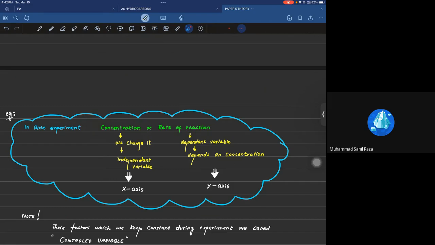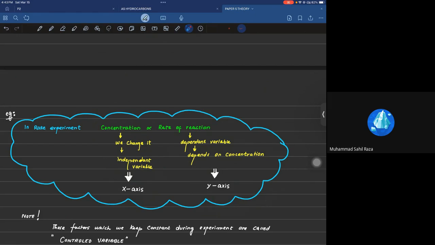And always remember, the independent variable should be kept on the x-axis, and the dependent variable should be on the y-axis. It's mandatory, because sometimes the examiner would give you the question and wouldn't mention which species is to be put on which axis. You have to decide by yourself.